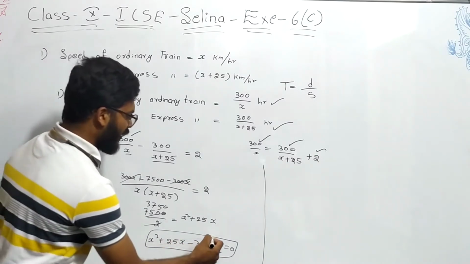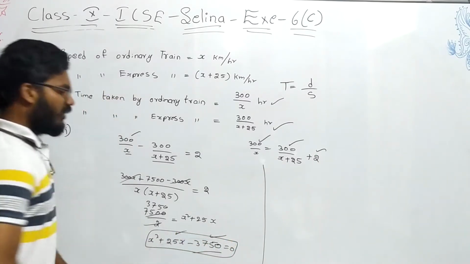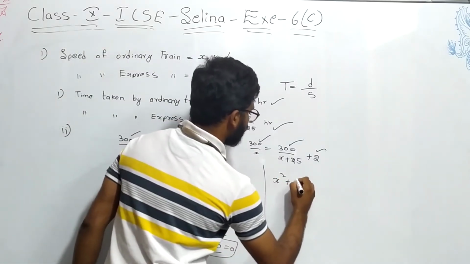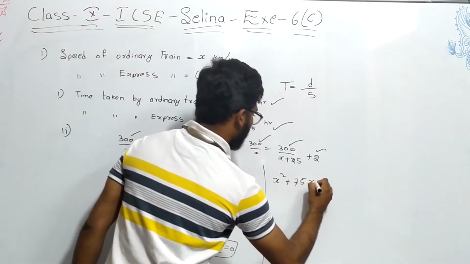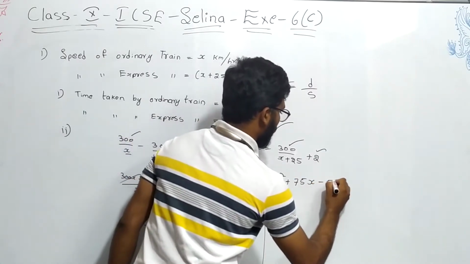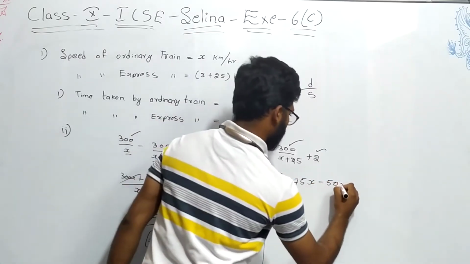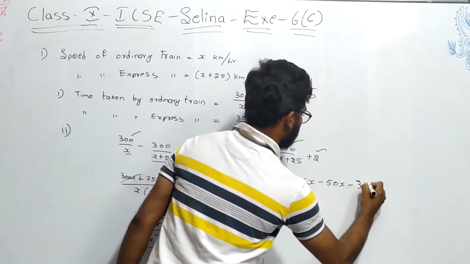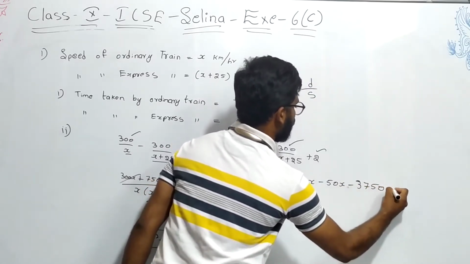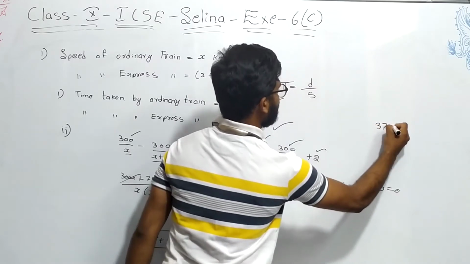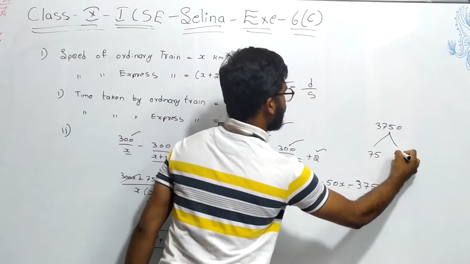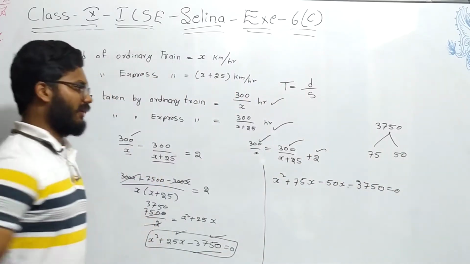See, if you multiply, you have to get this one, and if you add, you have to get 25. So the factors are x square plus 75x minus 50x minus 3750 is equal to 0, as 3750 is the product of 75 and 50. I am writing it directly.